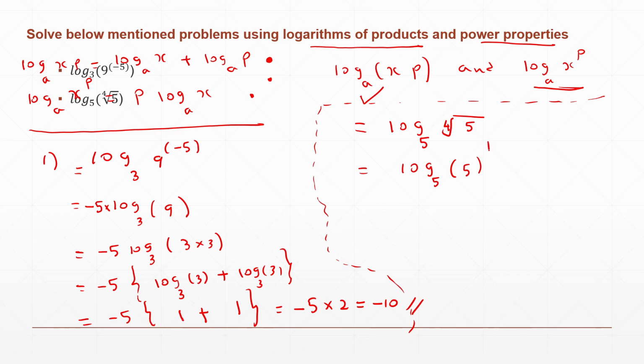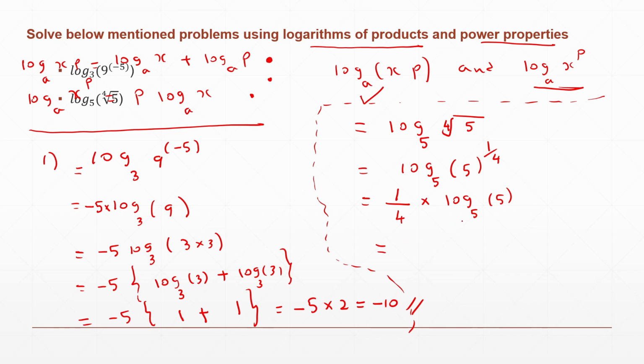Pi to the 1 over 4. So again, this is the same as rule number 2, the power property. So you can take this 1 over 4 term out in front of the logarithm function. Therefore, 1 over 4 multiplied by log base pi of pi, because we have just taken this term out in front of the logarithm function.